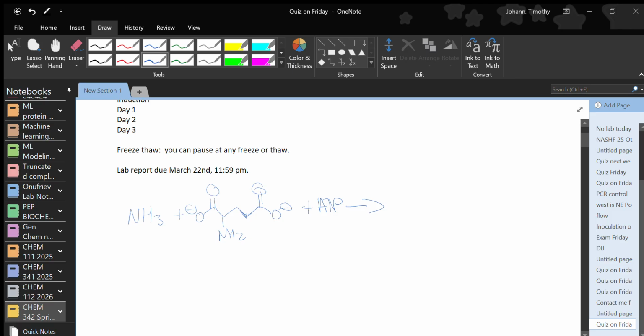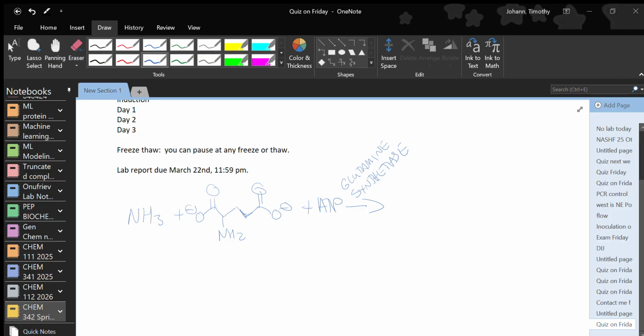And so we're making glutamine, so it's a glutamine synthetase. And synthetase, as opposed to synthase, means that ATP is being used.